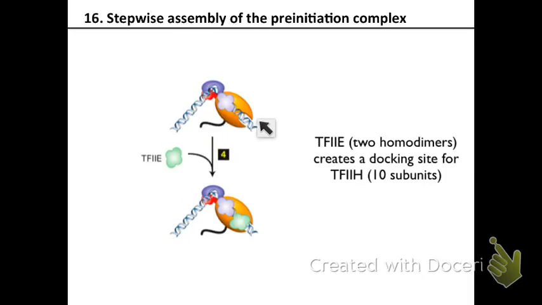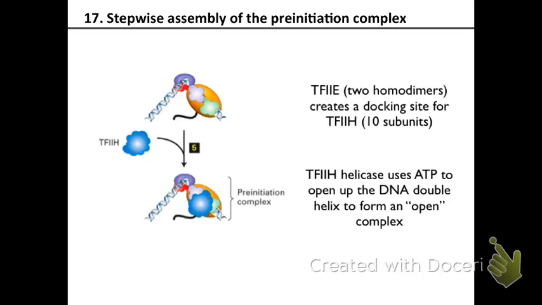After the RNA polymerase is positioned over the start site, there is another protein complex called TFIIE that interacts with the RNA polymerase, and it creates a docking site for TFIIH. And this is a 10 subunit protein complex that binds to the whole RNA polymerase. All right, so we have TFIIH coming, and it binds to the RNA polymerase.